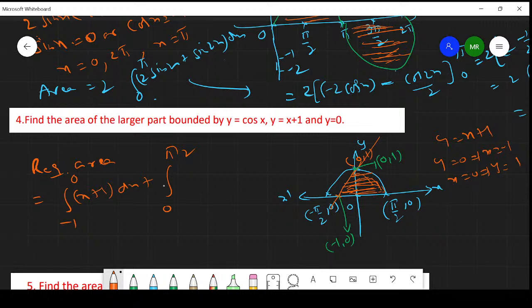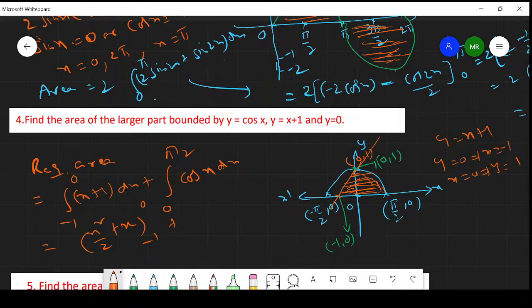So we will get only cos x dx. Now you can see, the integration of x plus 1 is x square by 2 plus x, with limits minus 1 to 0.